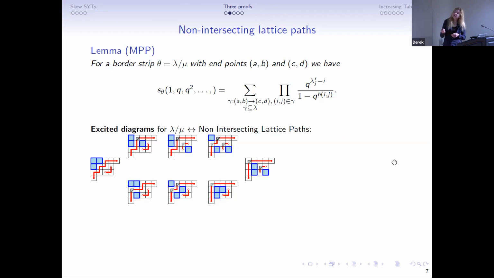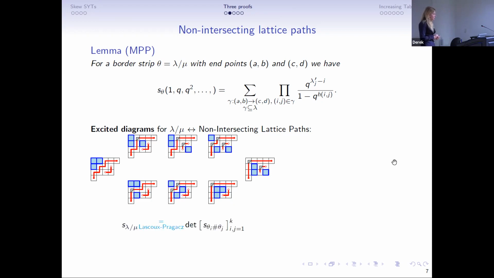These would be the endpoints of the lattice paths. And you can see that every time I push a box, this is like taking an inner corner of a lattice path and turning it into an outer corner. So we can follow this procedure, and you can see that all these excited diagrams are just complements of these non-intersecting lattice paths which cut our Young diagram.